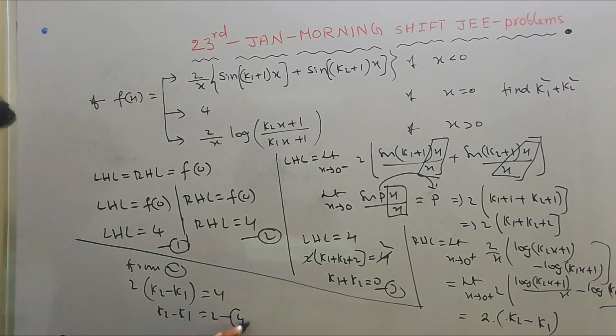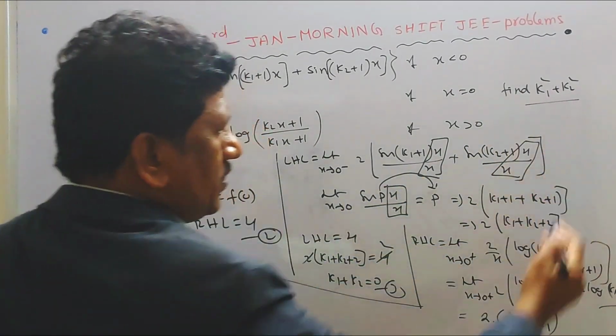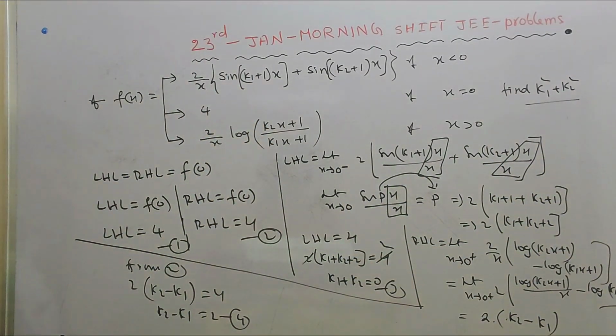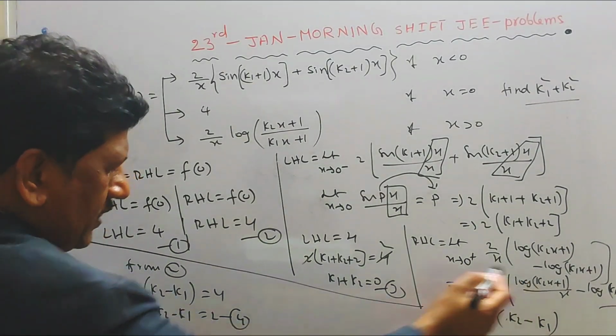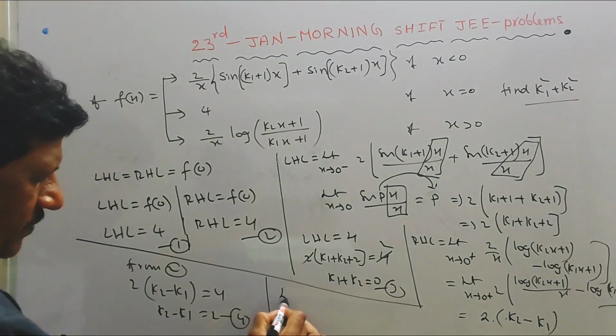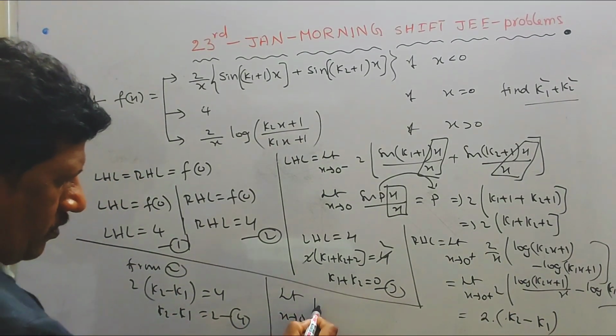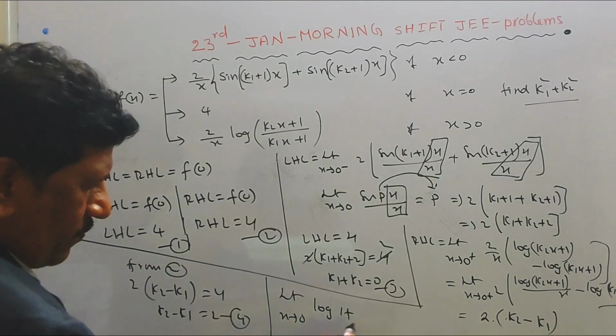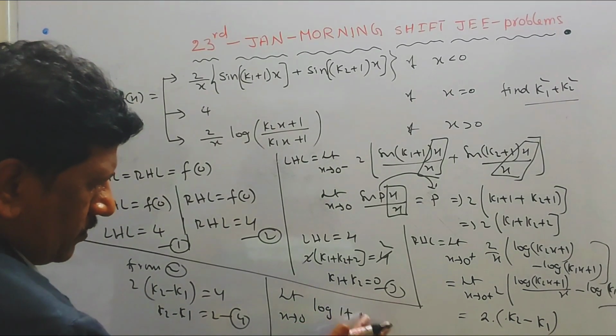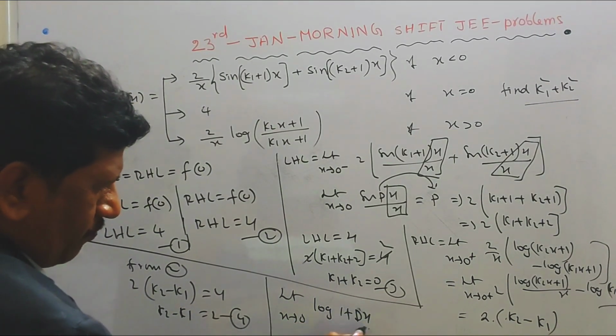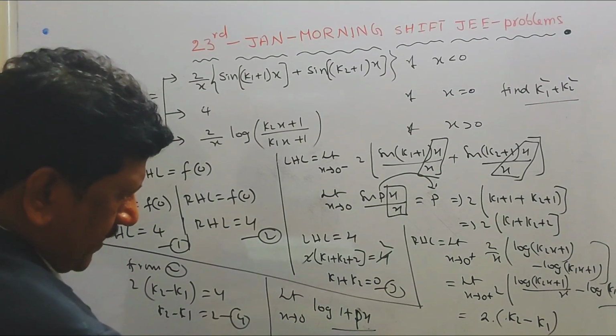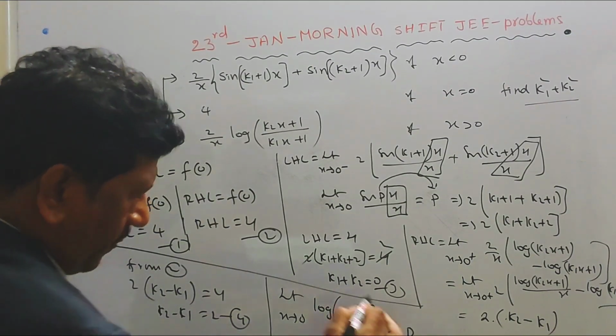Equation number 4. Solve the third equation and the fourth equation, then you will get the K1 value and K2 value. Use these two values to calculate the value of K1 square plus K2 square. So here is one formula: when x tends to 0, log of 1 plus px by x, this value will be p.